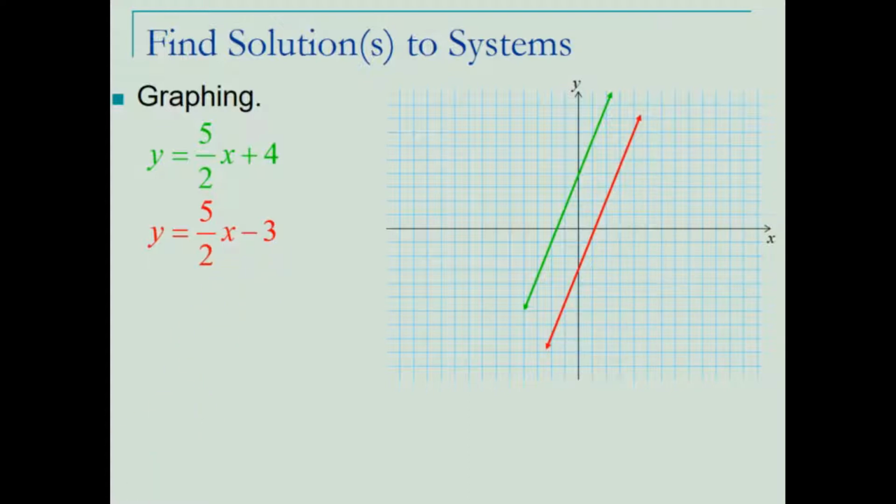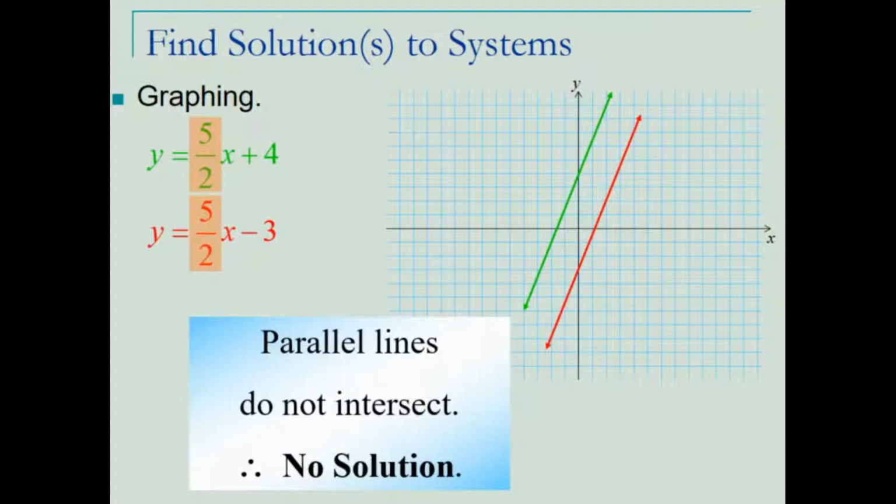Here we have a situation of parallel lines where there is no common point between those two equations, and that tells us that there is no solution to this system of equations. There is no common point that will satisfy both of the equations.